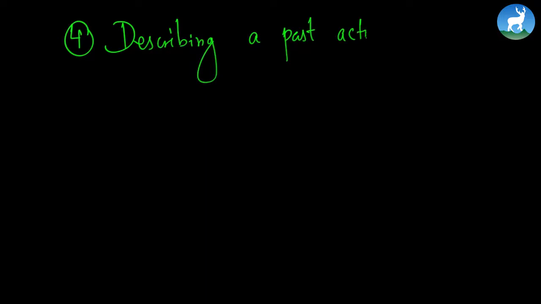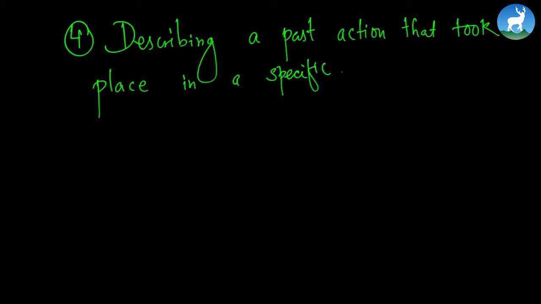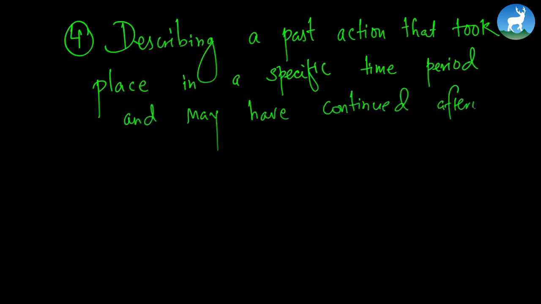Now let's go to the fourth use, describing a past action that took place in a specific time period and may have continued afterwards. So does it make any sense? If it does not, do not worry, I'll help you. Let me write you an example.